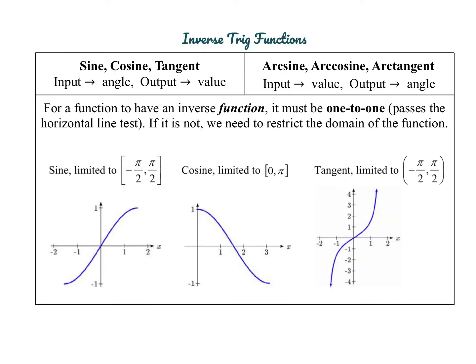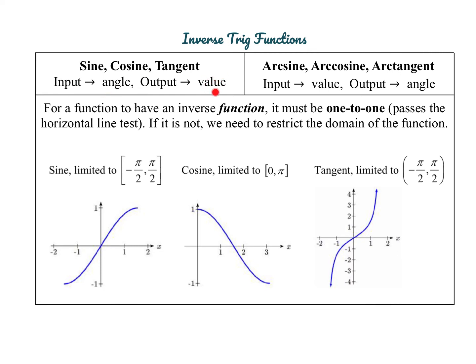All right, so now we're going to do a quick review of our inverse trig functions. So we know for sine, cosine, and tangent, the input into the function is an angle, and the output is a value. For example, sine of pi over 6 equals 1/2.